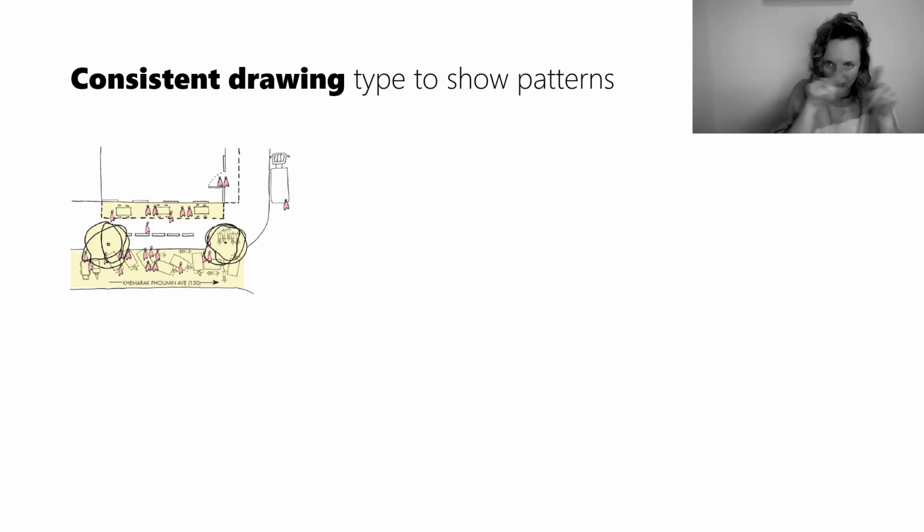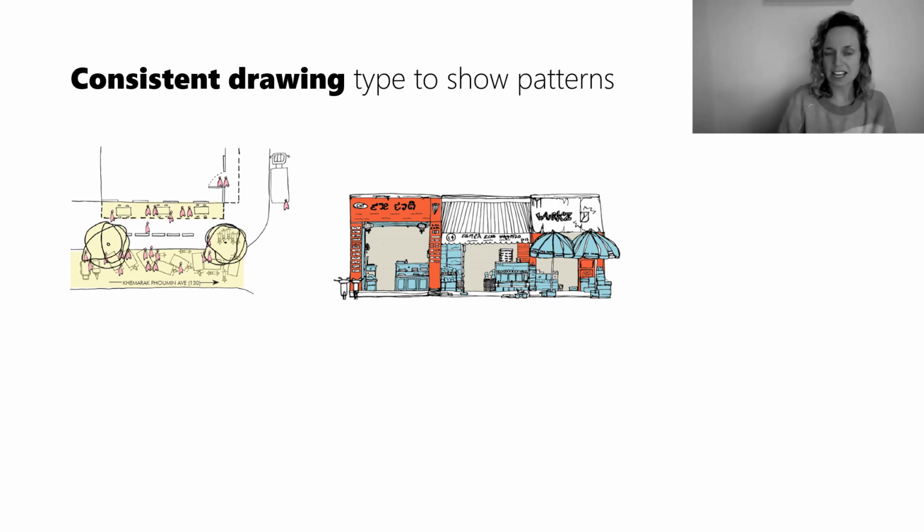If we go back to that A4 page of drawings, all of your drawings would be in plan so that you can highlight the differences. You might decide to draw only in elevation if you are focusing, for example, on modifications made to the elevation. In that case, all drawings should be elevation.